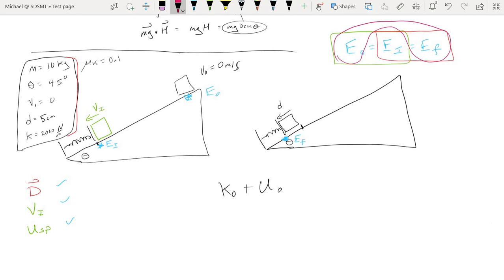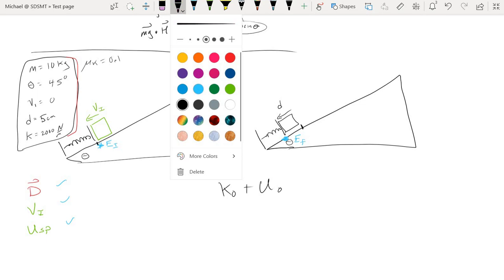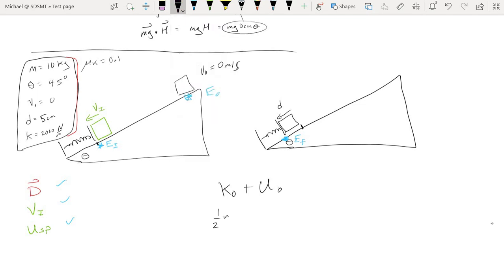So we just have to make up our minds what we want to do, where we want to start. And typically that means seeing which of these locations you have the most information available. And so E naught, the initial site, would have energies based on the initial potential energy and the initial height.